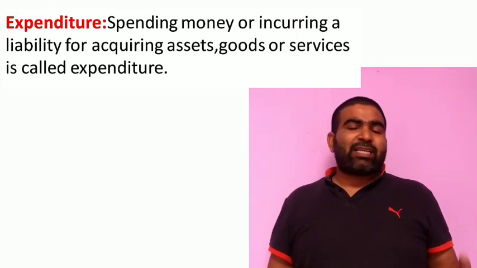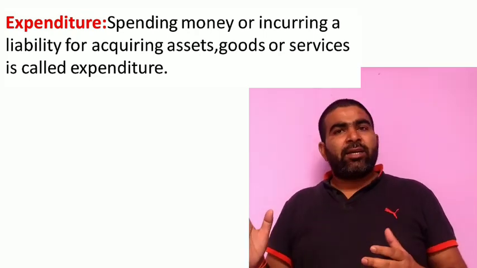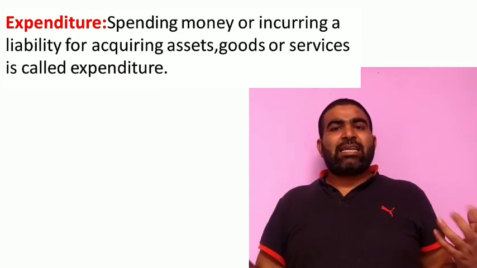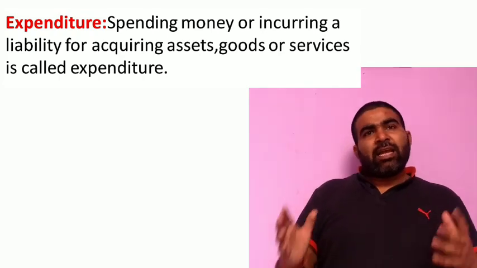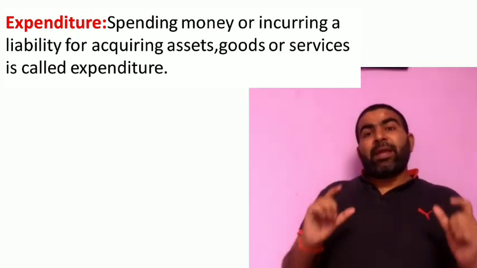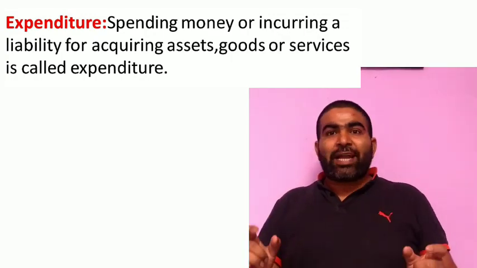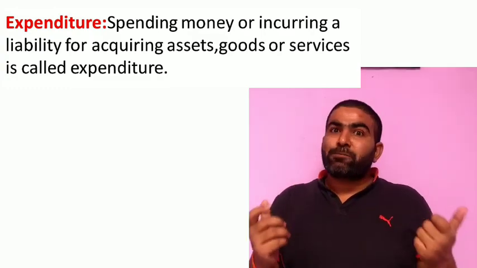Means if any amount is paid for the production of goods and services or for acquiring assets which provide a future benefit, it involves payments which provide future benefits, not immediate benefit to the business, so that's why it is an expenditure.